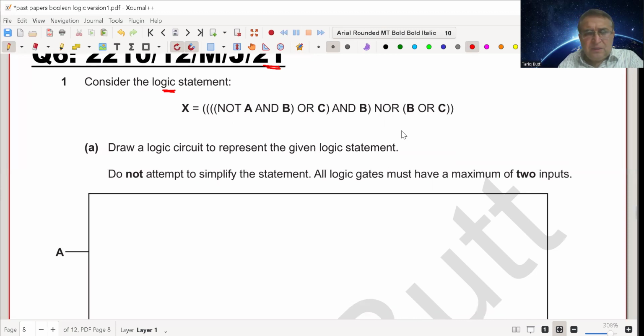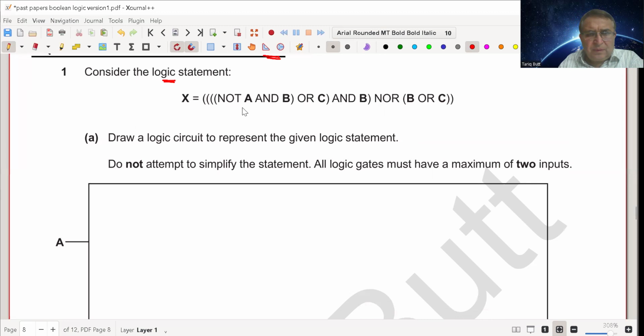Fine. So, not of A and B. You can write the logic expression if you want. Not of A is represented as A prime, and dot, or even you can write it directly. So A prime B is this sub-expression. Then this has to be ORed with C, that is, this plus C. Fine.